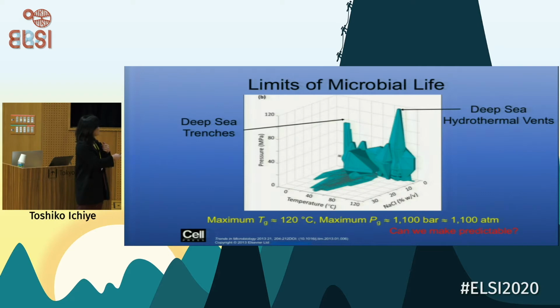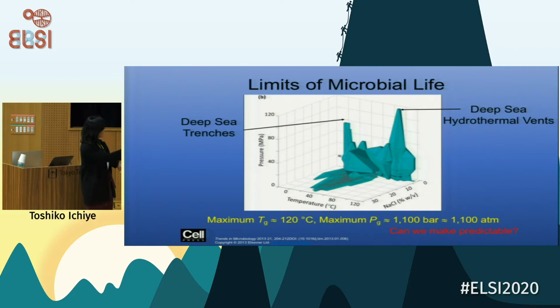And so this is pressure versus temperature. Actually, this is salinity, but we'll ignore that for now. I'm going to concentrate on temperature and pressure. There's actually this range, it's 120 megapascal, which is basically 1,000 times atmospheric pressure, and temperatures from 0 to over 100.